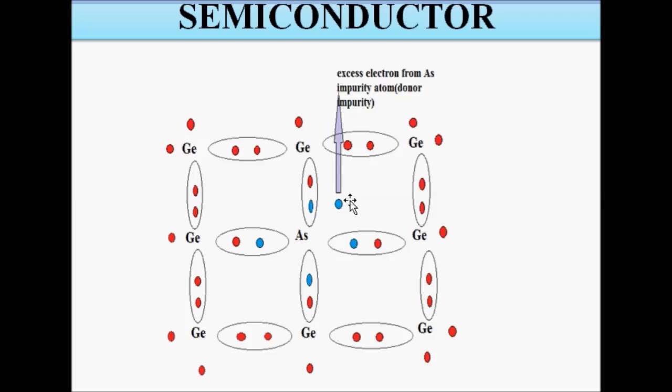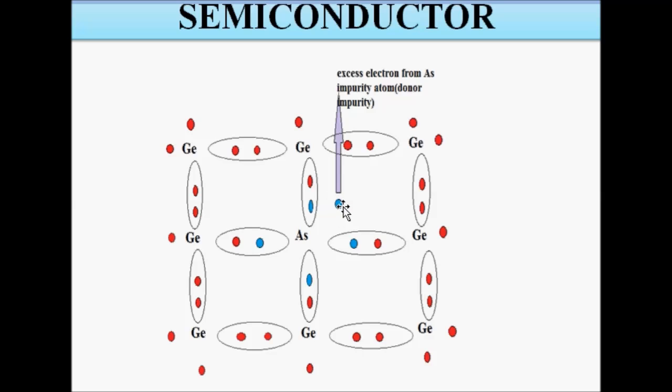This excess electron goes to the conduction band of the semiconductor and is responsible for the increase in its conductivity. As this impurity arsenic donates 1 electron, which helps in increasing the conductivity of the semiconductor, it is called a donor impurity. The majority charge carriers in an n-type semiconductor are electrons.